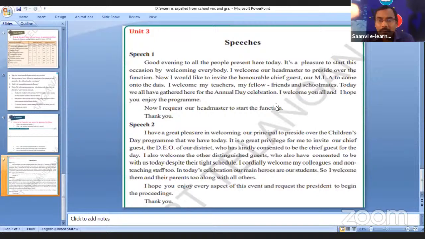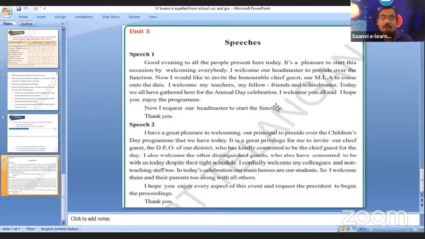I cordially welcome my colleagues and non-teaching staff too. In today's celebration, our main heroes are our students. So I welcome them and their parents too along with all others. I hope you enjoy every aspect of this event and request the president to begin the proceedings.